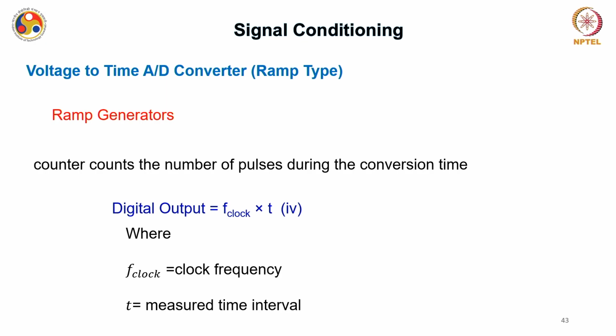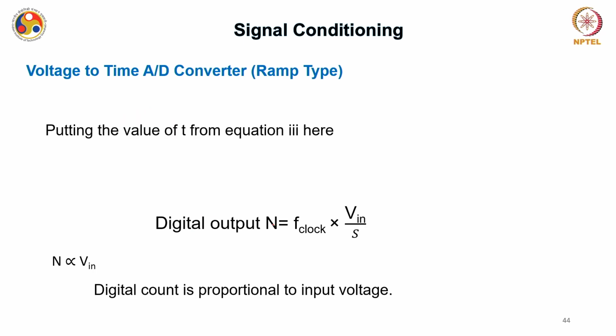Now the counter counts the number of pulses during the conversion time. The digital output, which I call N, is equal to the clock frequency into the measured time interval.